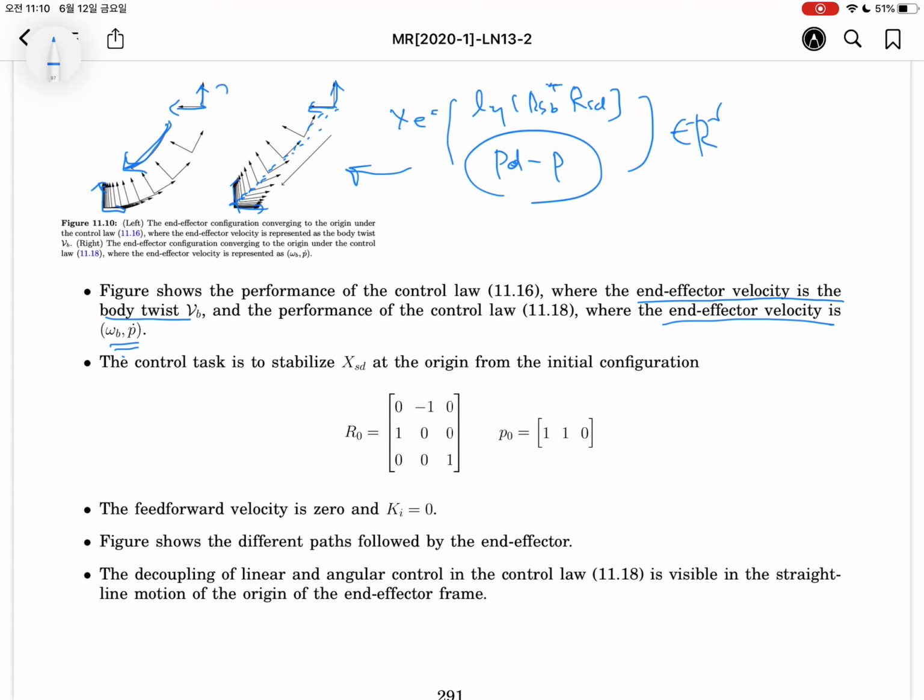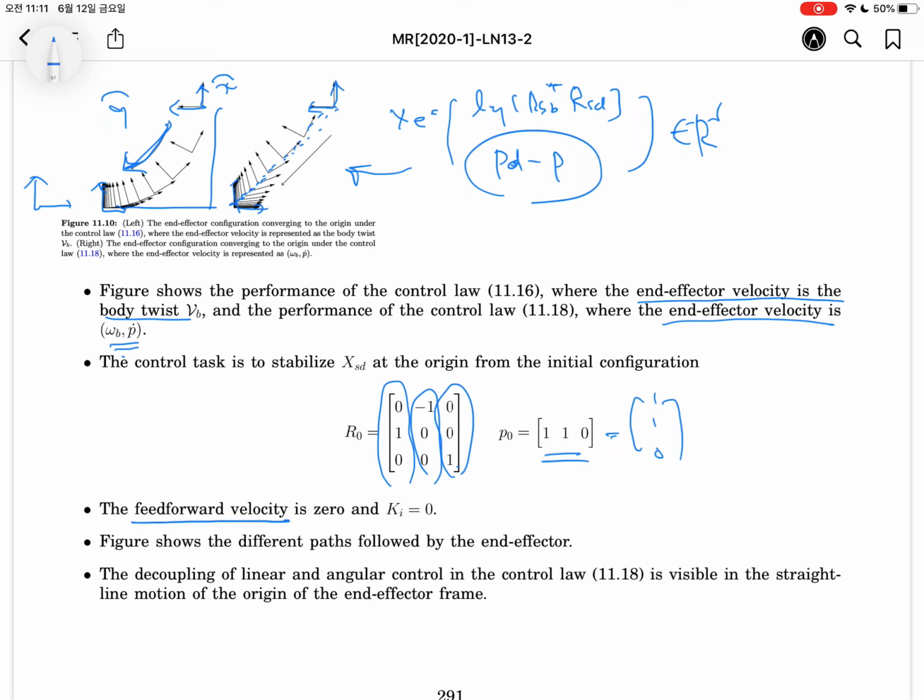In here, the initial condition, this is the x hat, so 0, 1, 0, and the y will be minus 1, 0, 0, because this is the space frame, and then g is the same, and then 1 and 1, so 1, 1, 0 is given. I'm sorry, it should be given by 1, 1, 0.